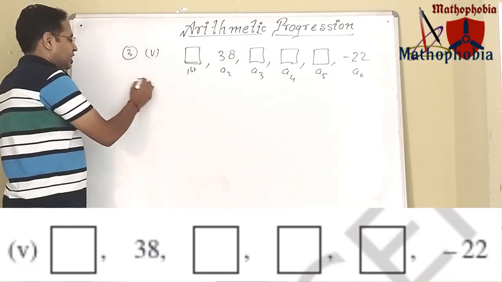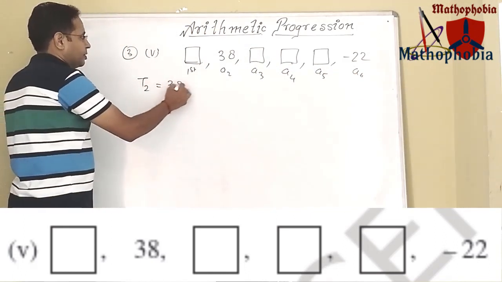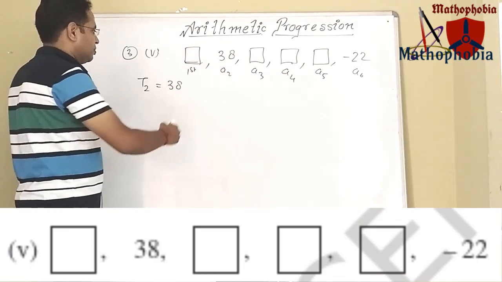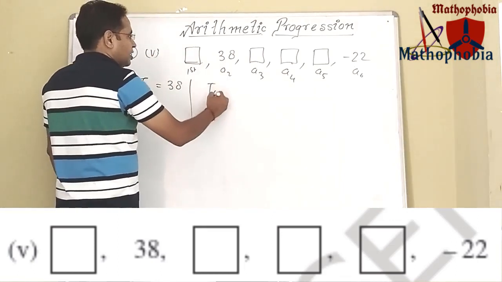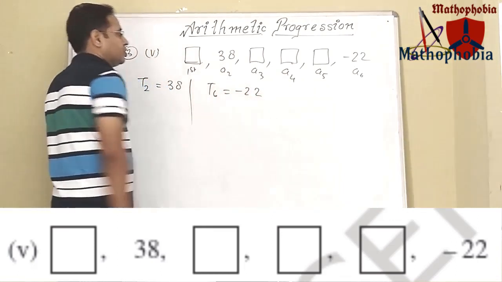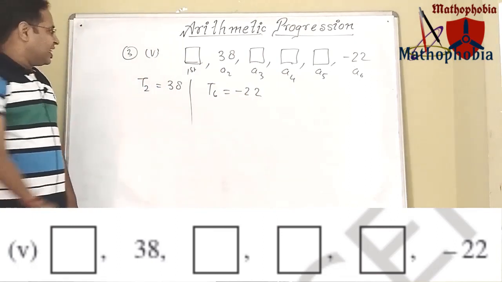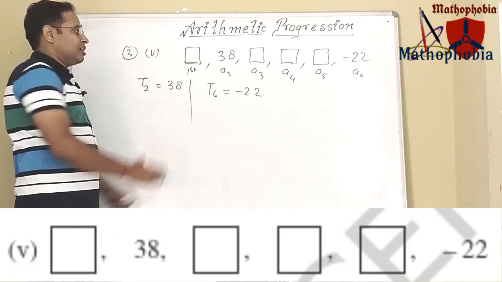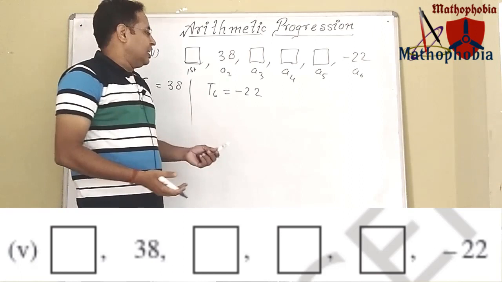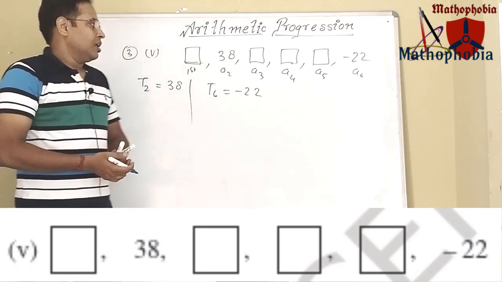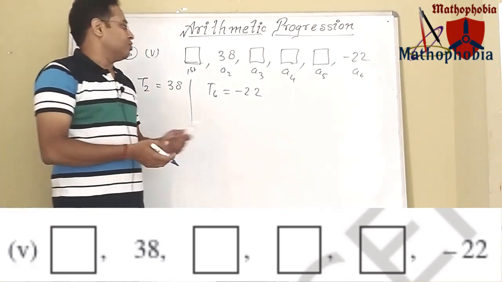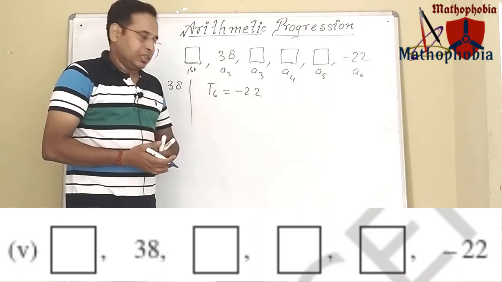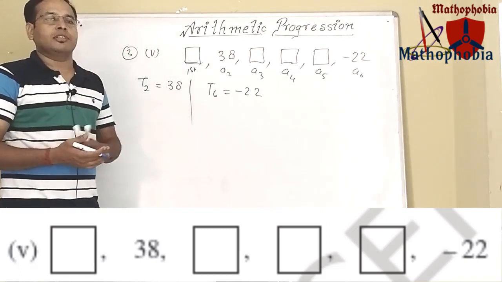So the second term, that is T2, is known, 38, and the sixth term, that is T6, is equal to minus 22. So you will be getting two equations, one from this and one from this, and then we will calculate the values of A and D. And once the values of A and D are known, we can find out any term of the progression.